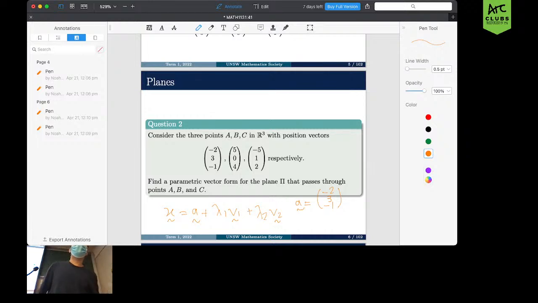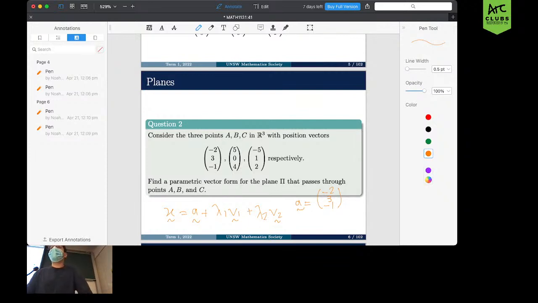Yep. AB. Cool. Now, there's actually 6 possibilities. We could have chosen AB, AC, BA, BC, CA, CB, because they would all be parallel to the plane. So we can easily calculate all 6 of those vectors, but in reality, we only need to choose 2 of them to be our vectors v1 and v2.